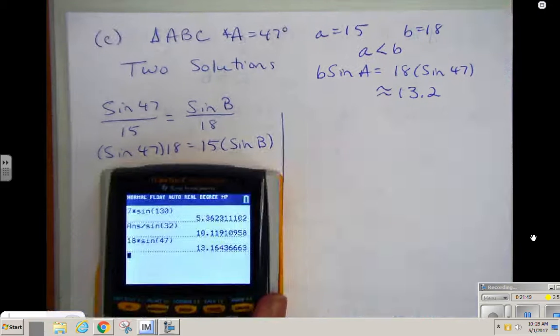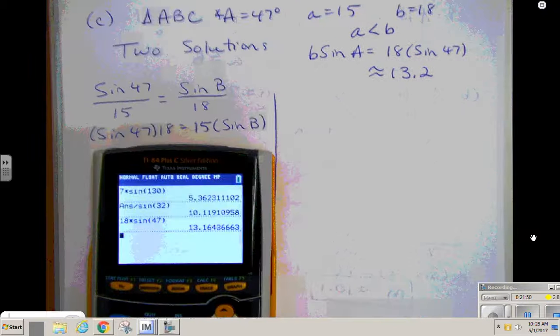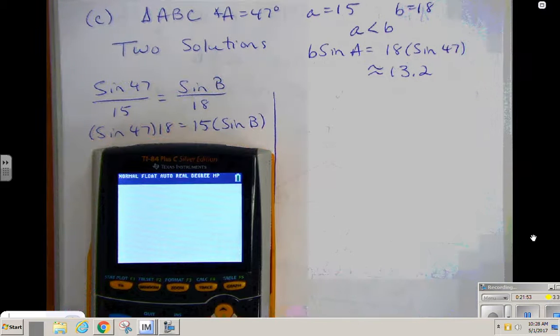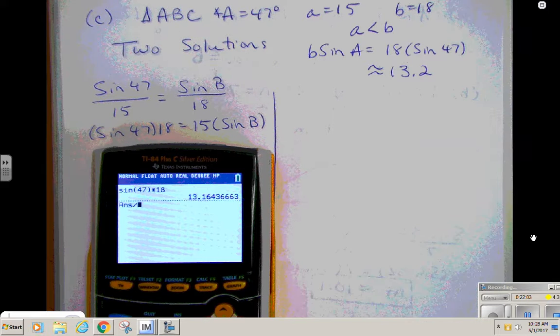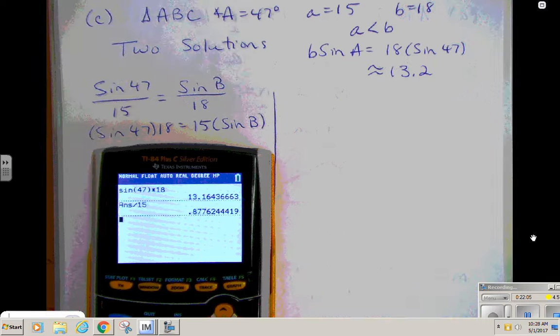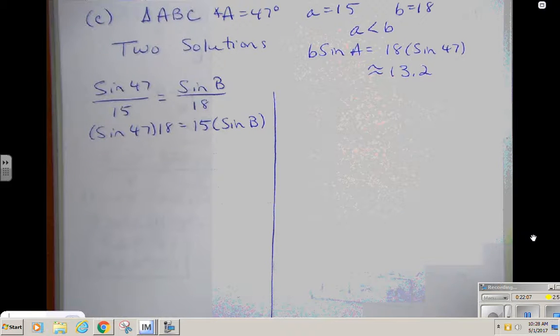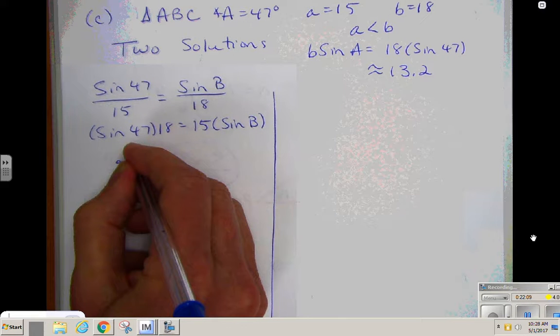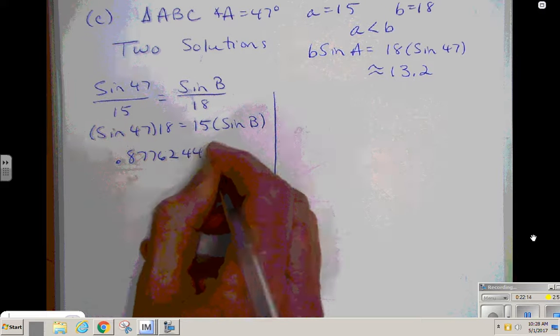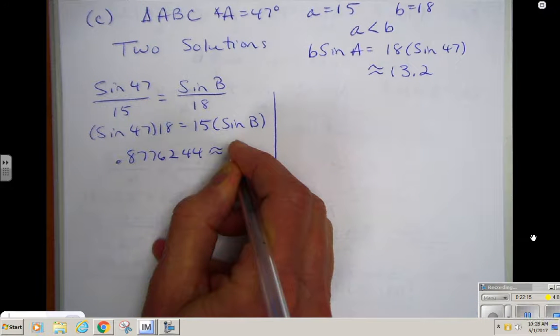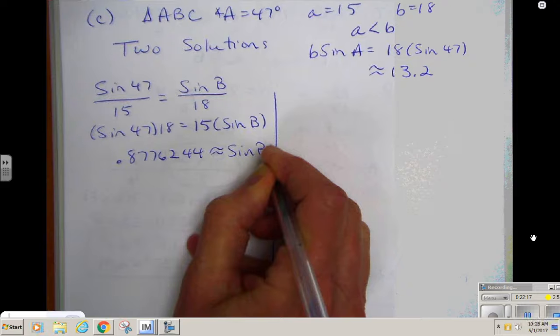So let's type that in, and then divide that by 15. So my decimal is 0.8776244. Okay, so that's about your sine value for angle B.